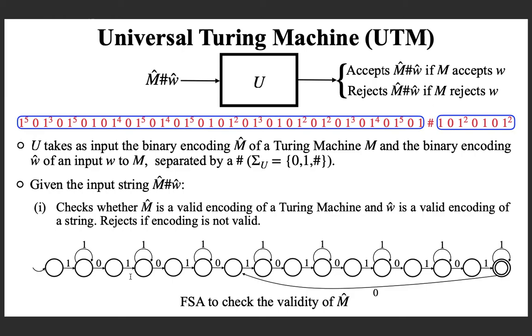After that, the number of input alphabets, one or more, followed by the number of state alphabets, then followed by the start state, then followed by the left hand marker represented by a sequence of one or more ones, followed by the right hand marker, the blank symbol, that again is a string of ones with one or more ones in it, then followed by the accept state, again a sequence of one or more ones, followed by the reject state, that again is a sequence of one or more ones.